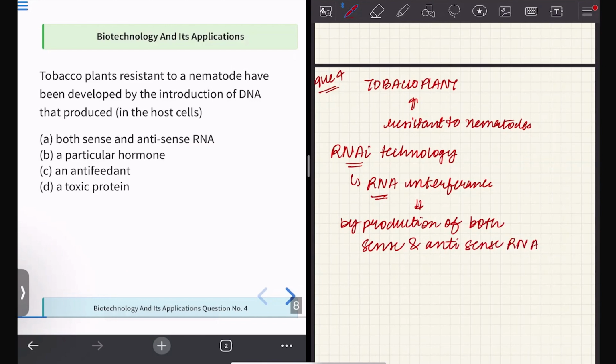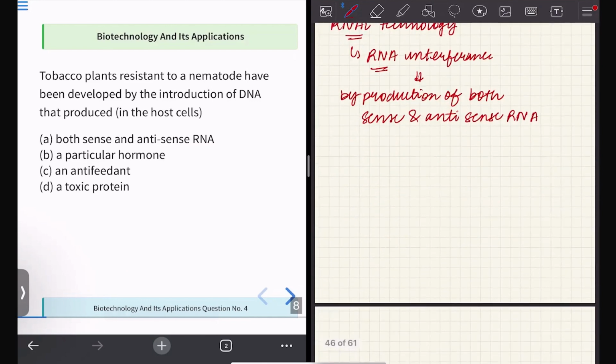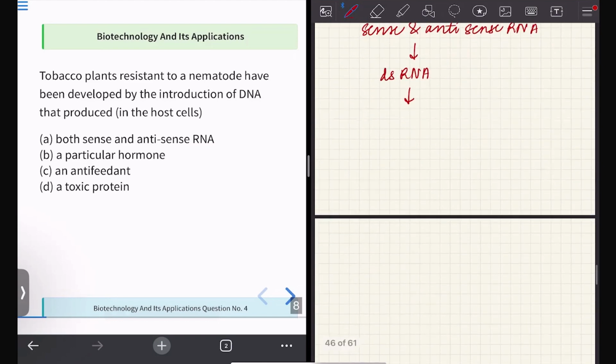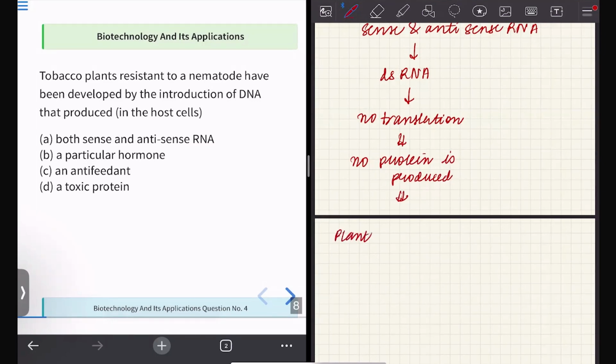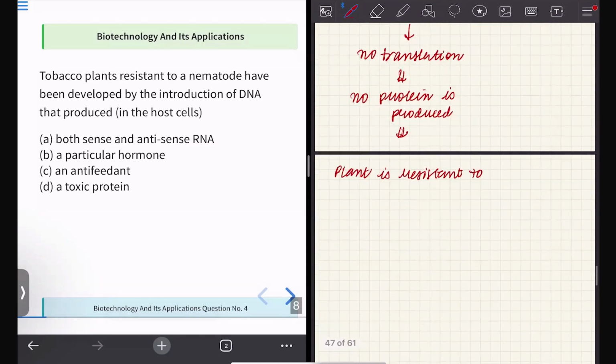If both sense and antisense RNA are being produced, there will be formation of dsRNA. And after double-stranded RNA has been produced, there will be no translation. No translation means what? That no protein is produced, due to which the plant is resistant to nematode.